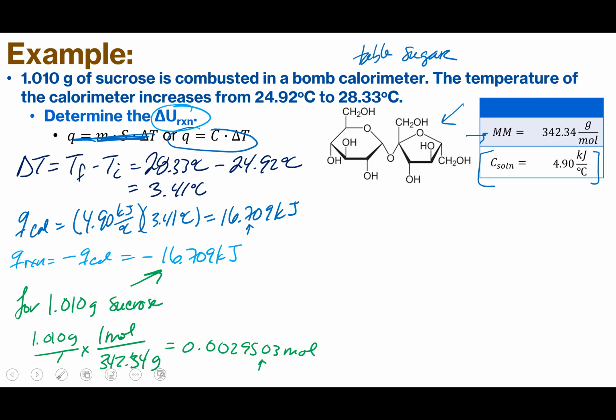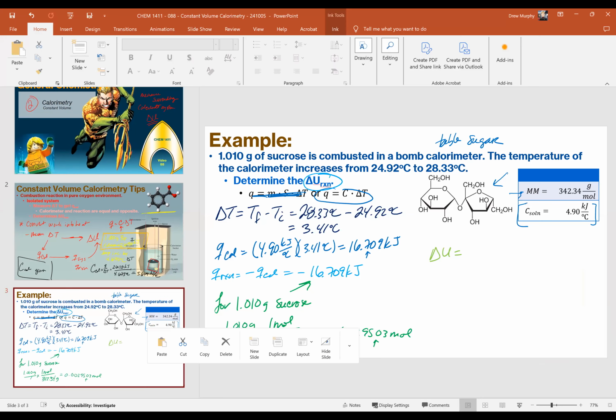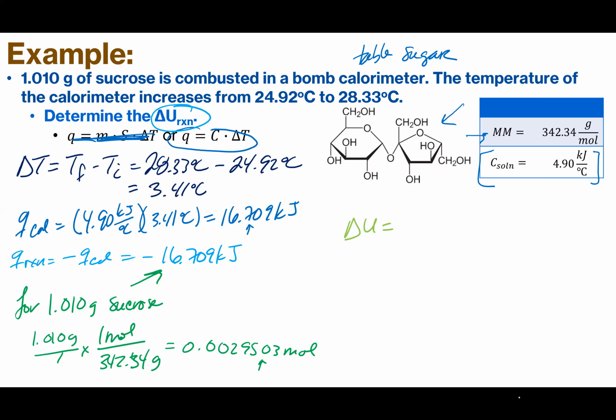Okay, now we have kilojoules and we have moles, so we can just come back here and say that our delta U, oh, sorry. I somehow ended my slides and I wasn't ready to do that. Let's go back. Here we go. This is why I like recording with Zoom and not PowerPoint, because when you record with PowerPoint, you're screwed if you mess that up.